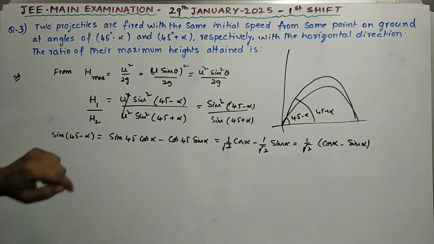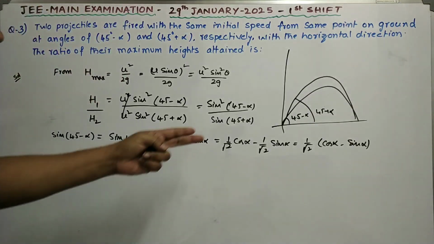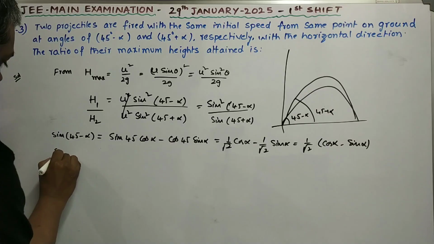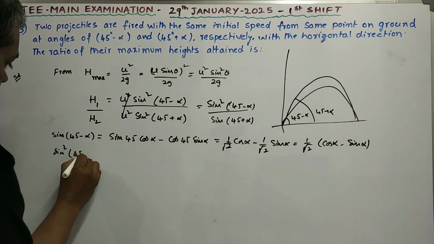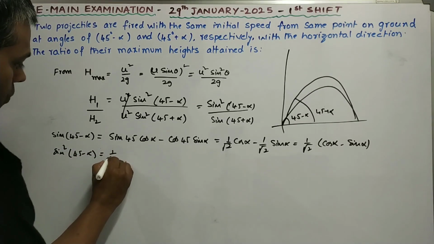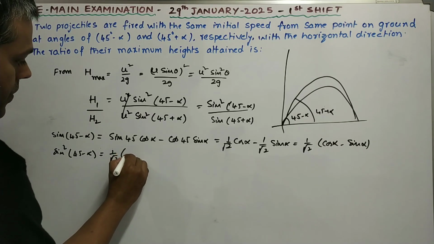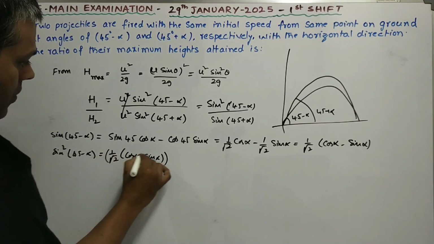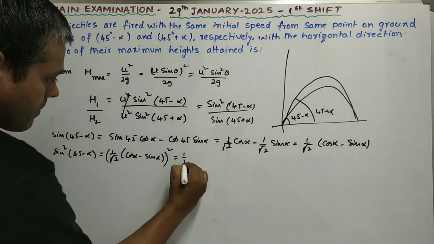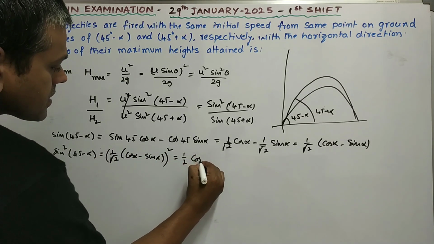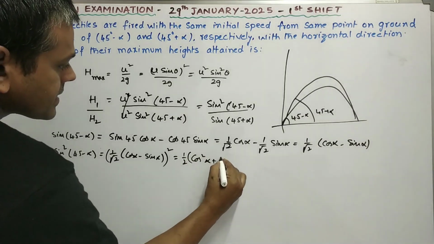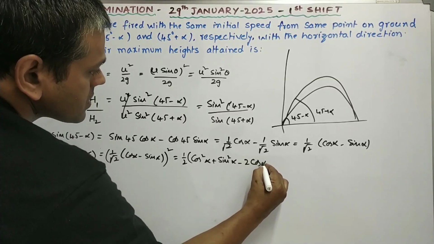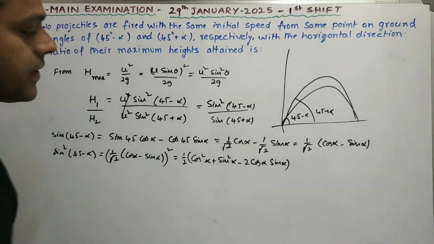Similarly, sin(45 plus alpha) is also getting the same value. Now we can say sin square (45 minus alpha) is equal to (1 by root 2 into (cos alpha minus sin alpha)) whole square, which is equal to what? 1 by 2 into (cos square alpha plus sin square alpha minus 2 cos alpha sin alpha), isn't it?